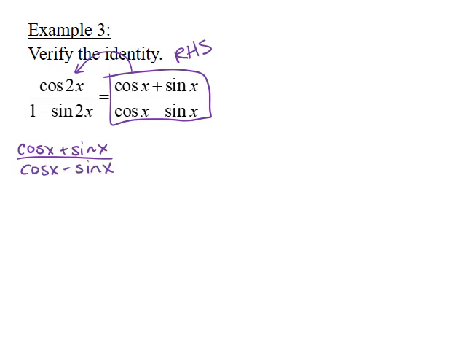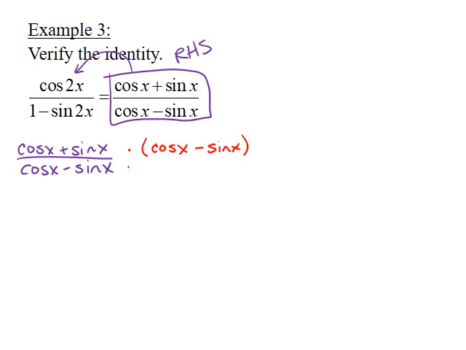All right, now what I did originally with this right-hand side is I took the conjugate of the denominator and multiplied by it, but that didn't get me where I needed to go. So I tried the conjugate of the numerator, and this seemed to do the trick.